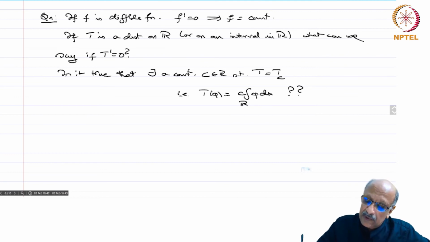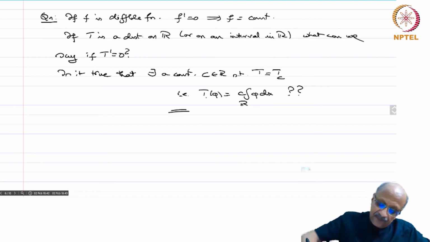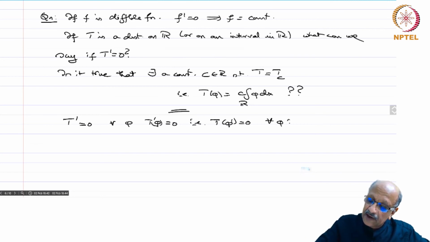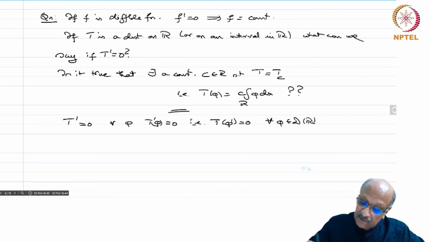Okay, this is what we mean by the distribution is a constant. So if the derivative is 0, does this happen? Answer is yes. So what do you mean by saying T dash equal to 0? This means for every phi we have T dash of phi equal to 0, that is T of phi dash equal to 0 for every phi in D of R. What I am saying for R works for any interval also.